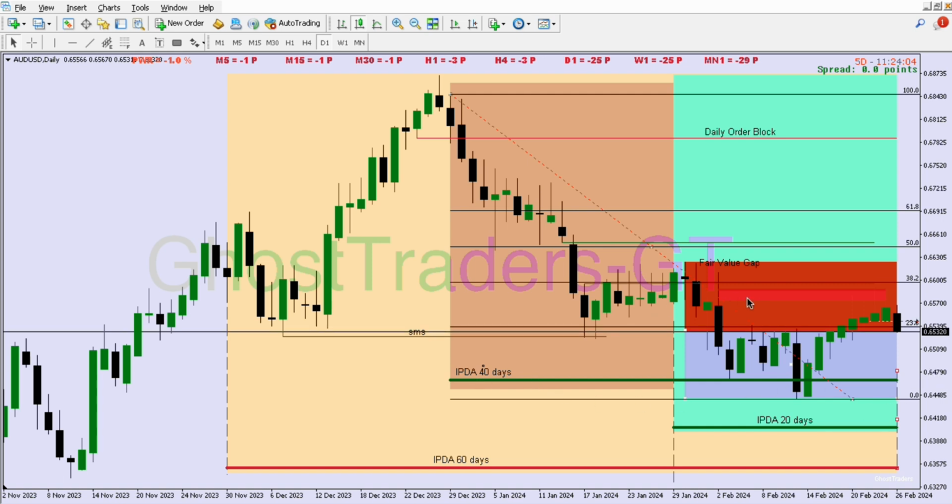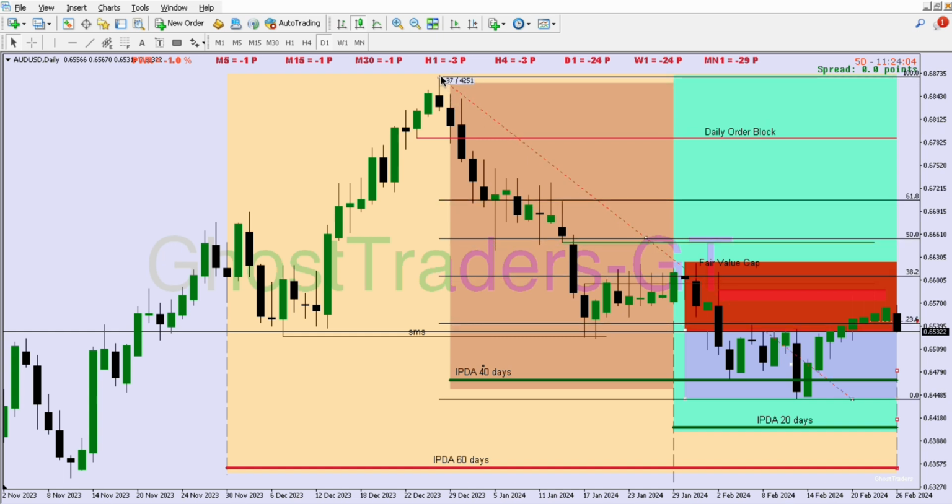So you can see here this is the 50%. If you look back 40 days, within the 40 days range, you can see that our price is still below equilibrium, so price is on discount. The same you can see here if you look back at the 60 days range, you can just use this high here.